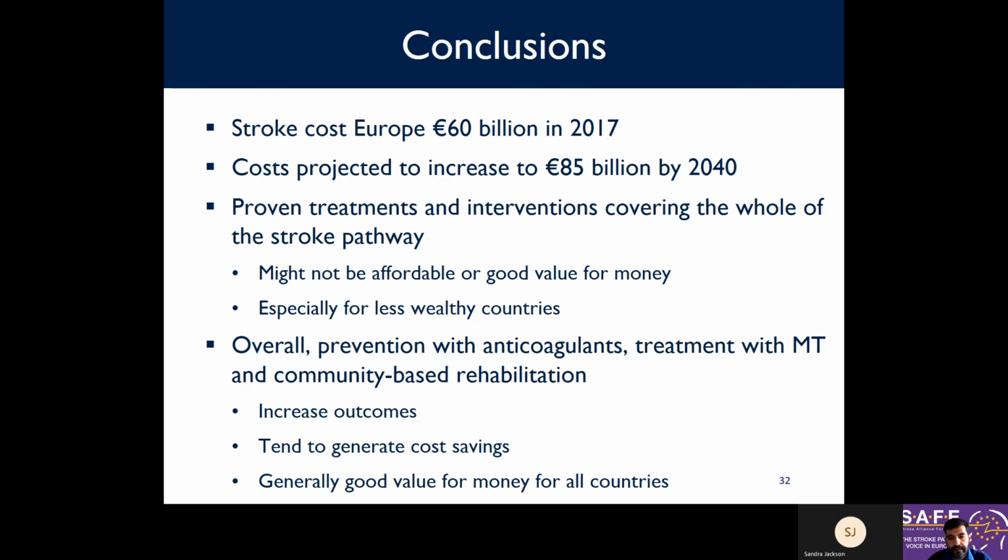And therefore, we would encourage countries to adopt these strategies, because not only will they be increasing the health of their populations, but they will also be using their money in a cost-effective way.